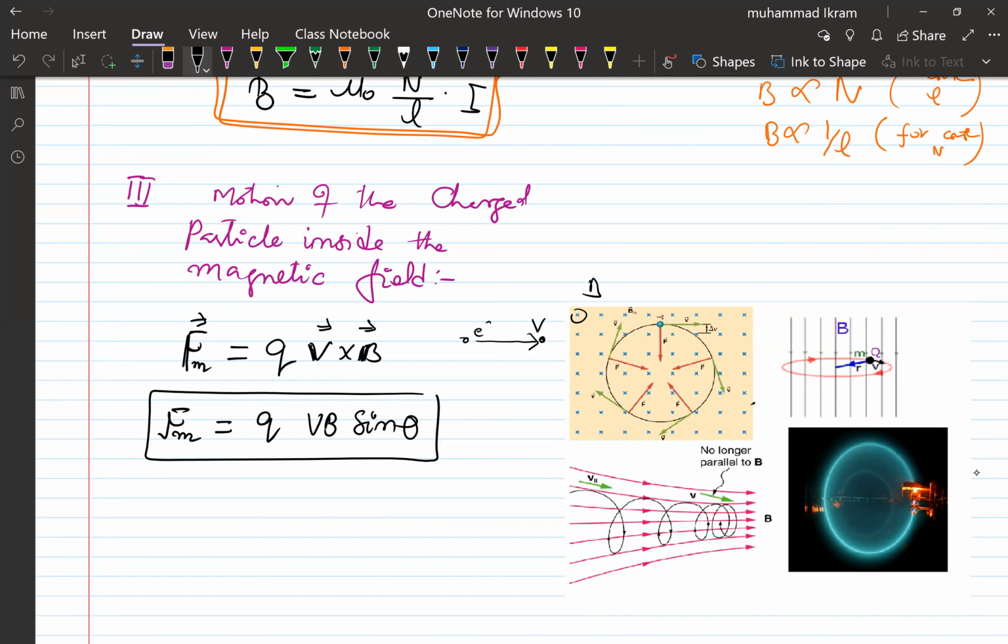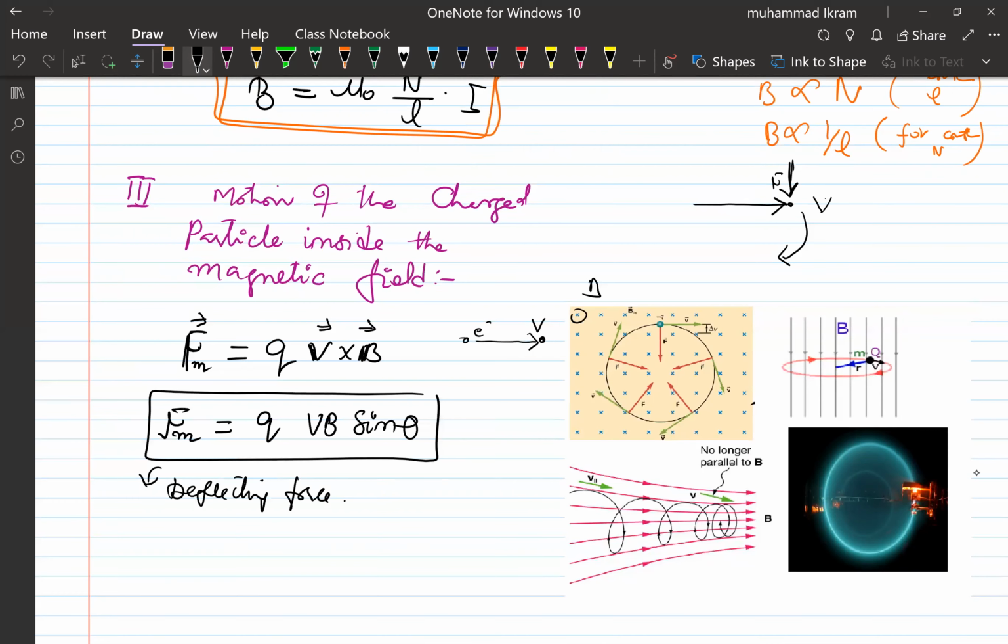Now, you already learned even in class 9, when a particle moves in a horizontal direction and a force acts on it from a vertical direction, it compels the body to move around a circular track without changing in speed. So this is a kind of force which I call a deflecting force.